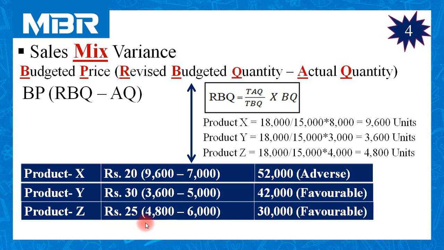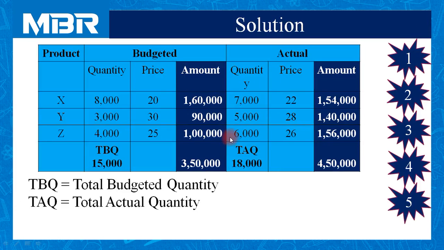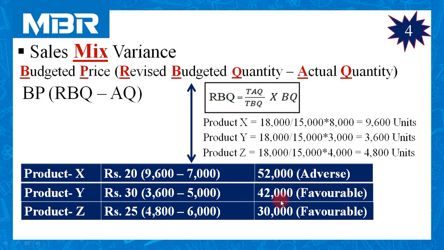In case of product Z, budgeted price is rupees 25. Revised budgeted quantity as per our calculation is 4,800 units, and actual quantity given to us in our question is 6,000 units for product Z. So insert the figures in the formula, and you will get the difference of rupees 30,000 in total.